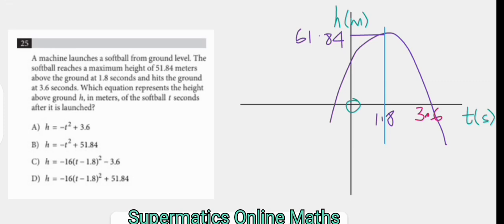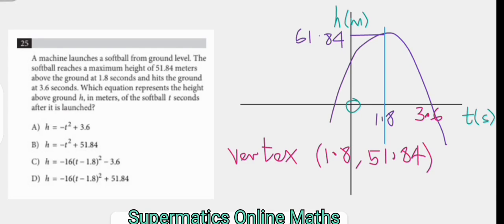Information that we can take from this graph is that the vertex, the point of the vertex, which is actually the axis of symmetry for the t value on the horizontal axis, and the maximum or minimum, but maximum in this case, for the h or vertical axis, is 51.84.